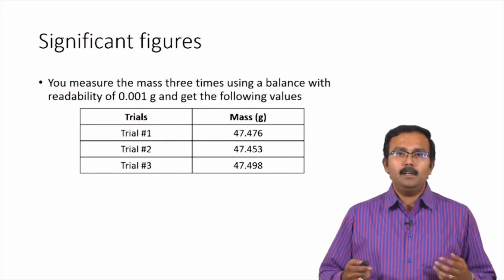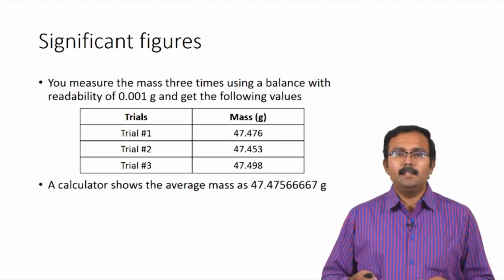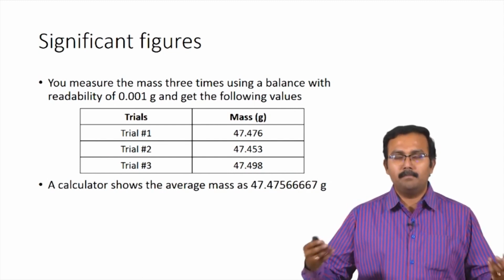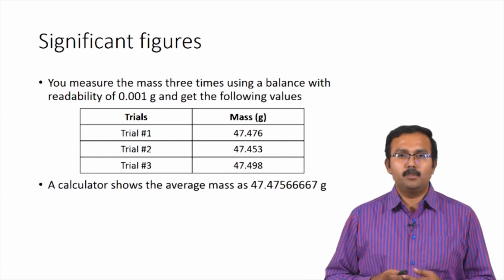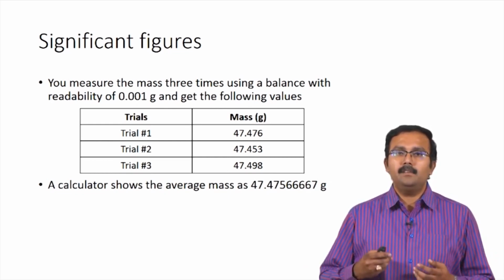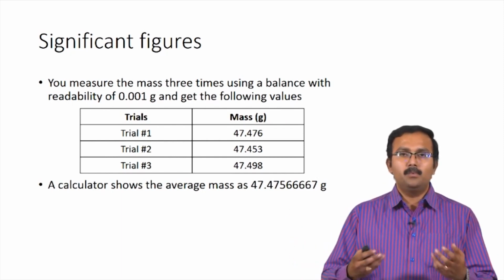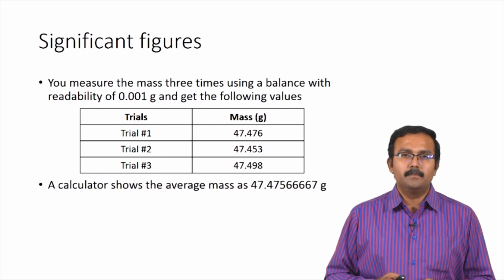Now, if you were to calculate the average of these 3, which you can assume to be the closest to the accurate mass of the substance you measured, you will end up with a value something like 47.475666667 grams, which is what your calculator or Excel would give.